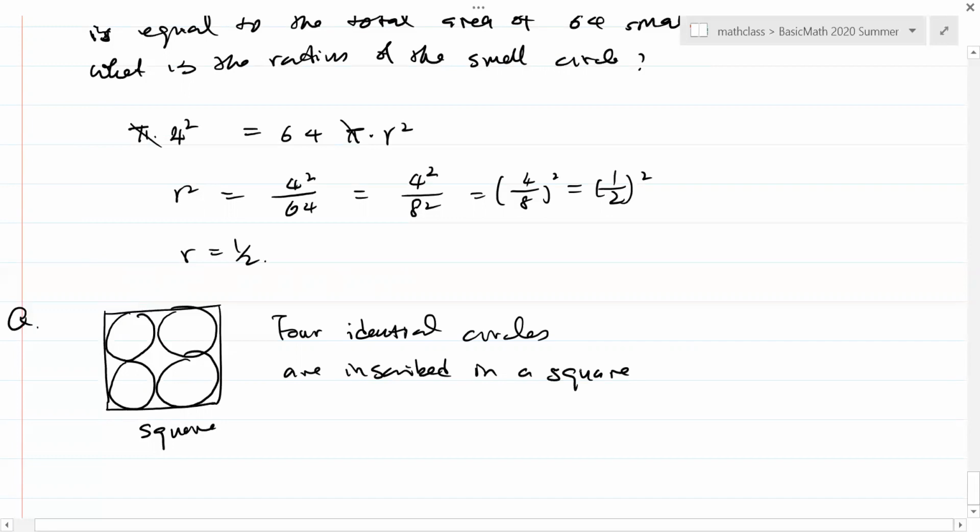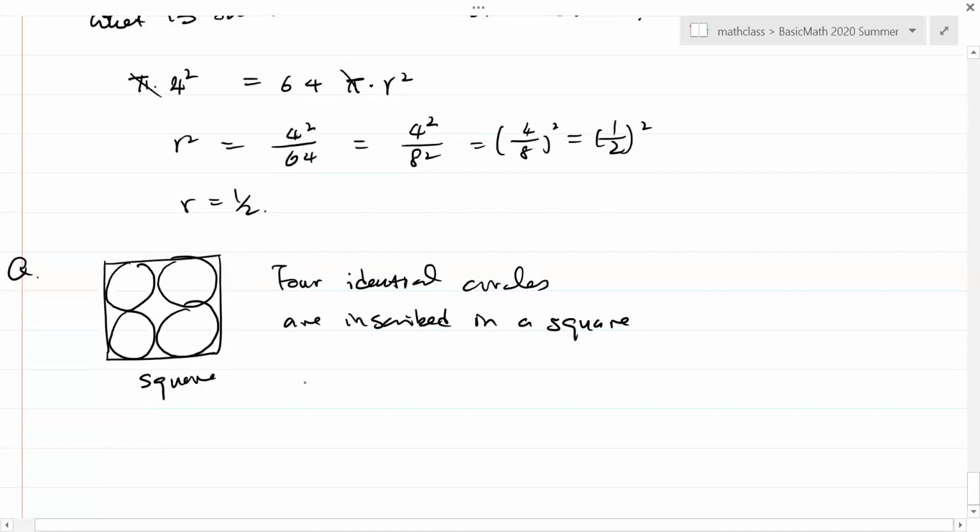In a square means they touch all the sides. My question is, what is the ratio of the total area of the circles to the area of the square?